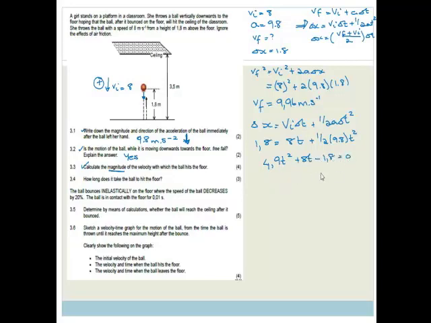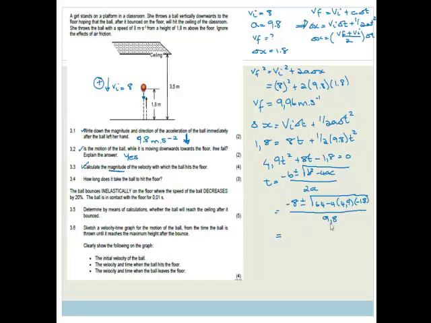And yes, we do have to use the formula. So we've got t is equal to minus b plus or minus the square root of b squared minus 4ac all over 2a. So we need to substitute in. So we've got minus 8 plus or minus the square root of 64 minus 4 times 4,9 times minus 1,8 all over 9,8.